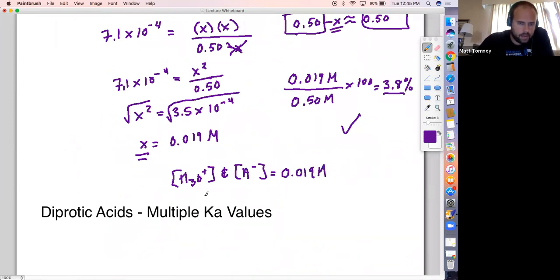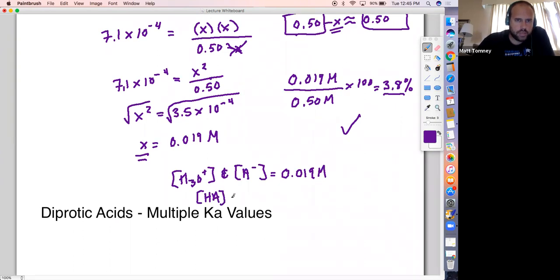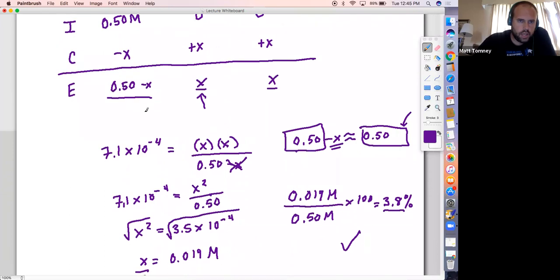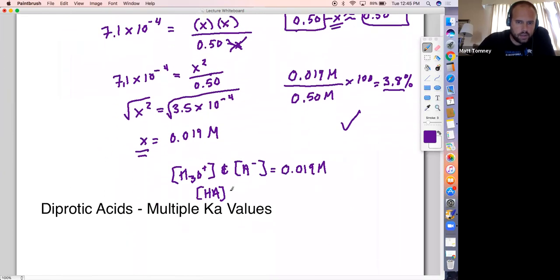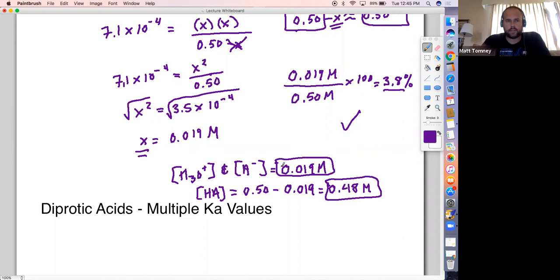And then the HA at equilibrium, if I go back and check my equilibrium value in the chart, was 0.5 minus x. So here I need to take 0.50 minus 0.019. Okay, and that should come back with 2 decimals, which would be 0.48 molarity. And so there's the answer for HA, and there's the answer for H3O plus and A minus.